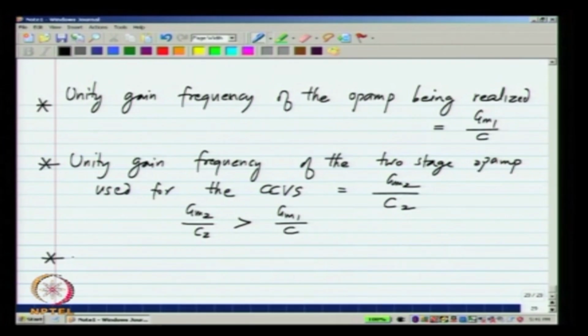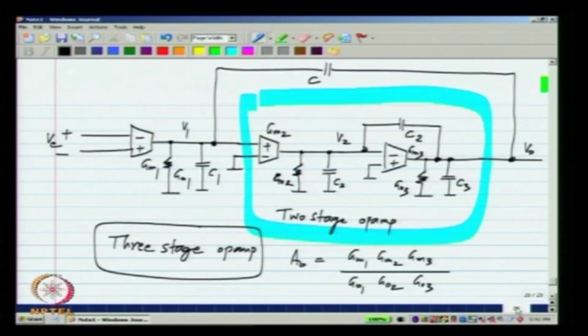And this two stage op amp itself is made using a current control voltage source. So, I think I called this CL earlier, let me go back to the terminology. CL consists of any capacitance here plus external load that is applied.